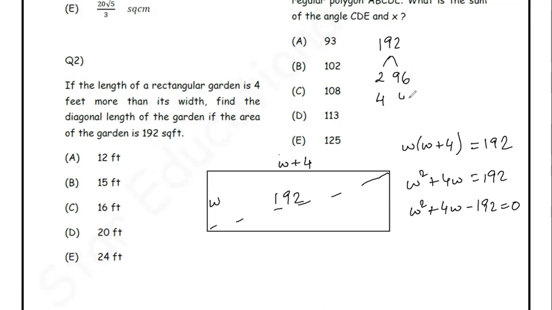So that'll be 4 times 48, and then 4 times 6, so 16 times 8. What we're looking for is to get 192 such that the product is negative 192 and the sum is a positive 4. Sum and product.